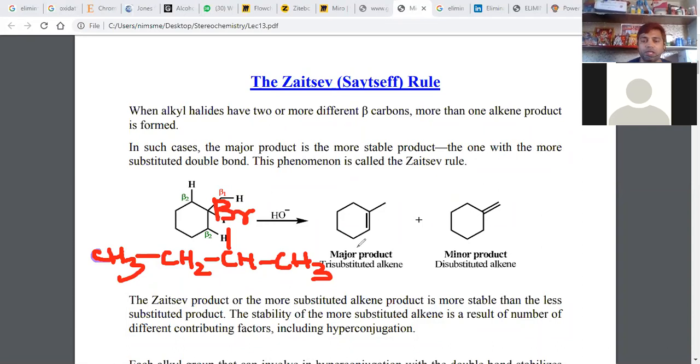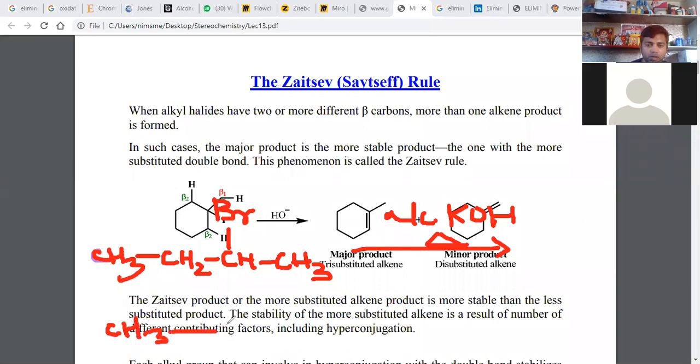It undergoes an elimination reaction in the presence of alcoholic KOH and heat. So it will form two products. We'll write these products here. This is CH3-CH=CH-CH3, plus one more product. There is no space.